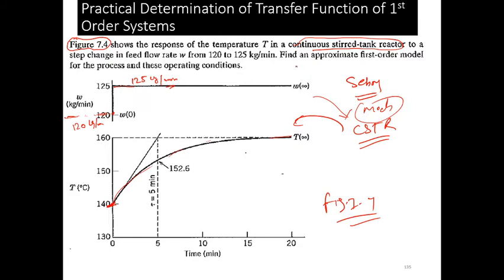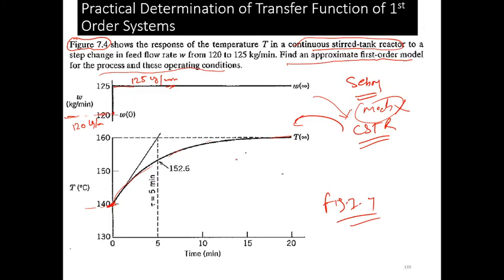So the question is: find an approximate first order model for the process at this operating condition. The question is the reverse. You don't have the model. In the plant, you have changed the system and you observe this type of response on the screen, and now the examiner or some person has asked you to approximate this model.